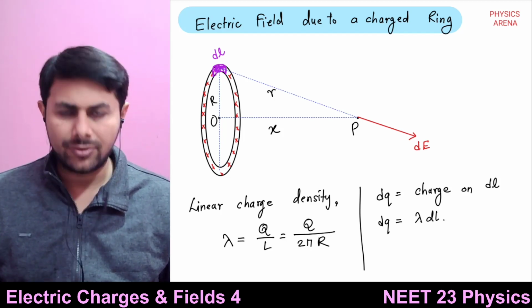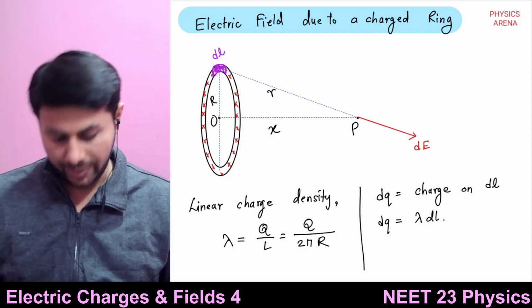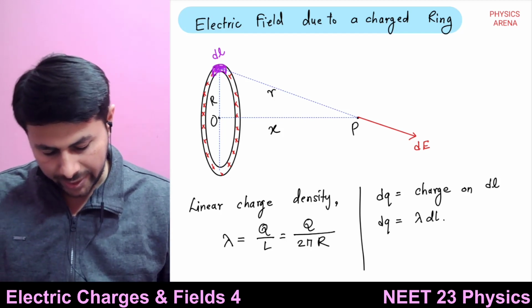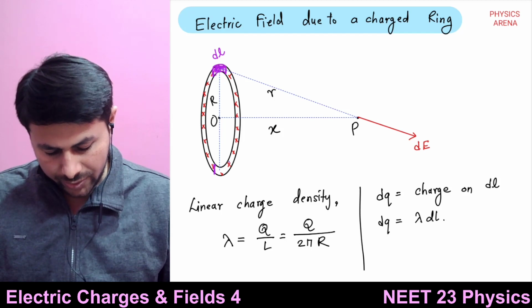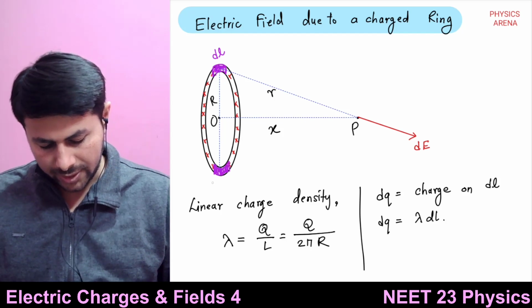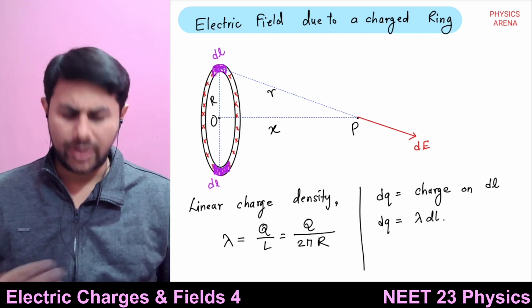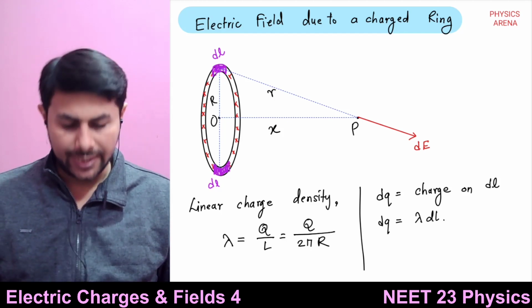Now what we can do is consider another length element having the same length at a diametrically opposite point. So this is another length element dl prime, dl dash.